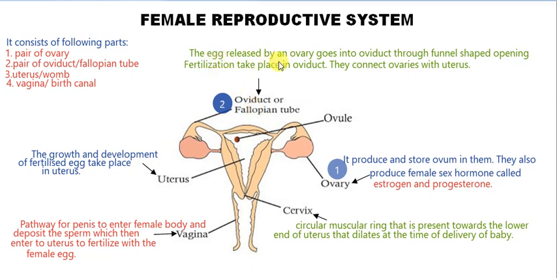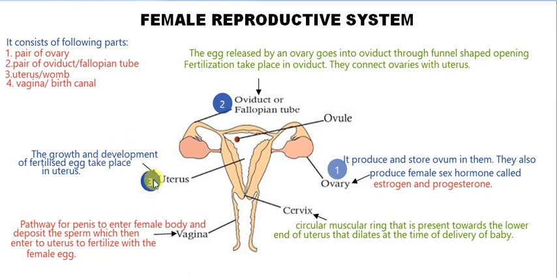The egg released by an ovary goes into the oviduct through its funnel-shaped opening. So in the ovary there is production of the egg, it is released by the ovary and goes into the oviduct, where fertilization takes place, and it connects the ovaries with the uterus.